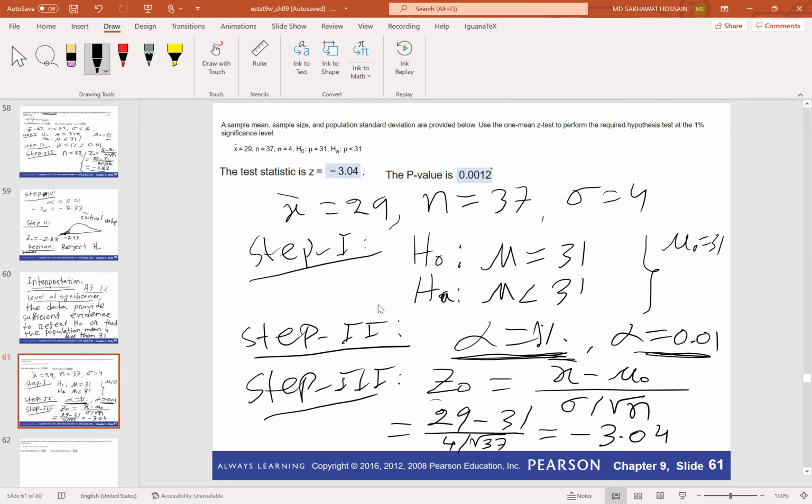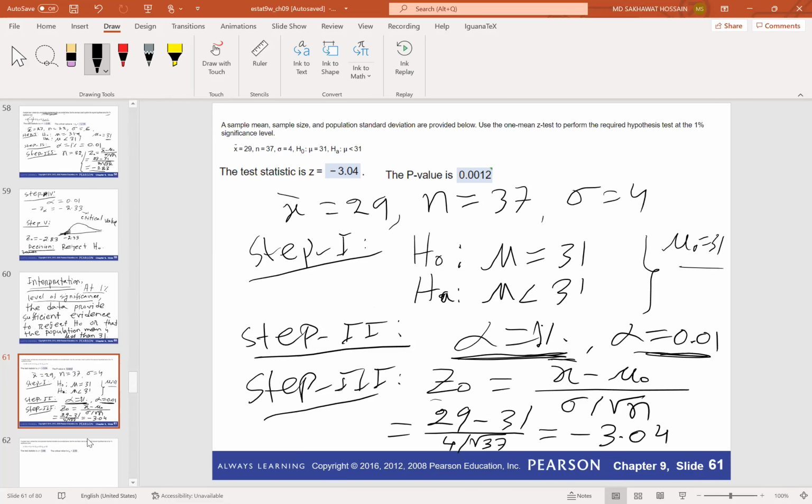We plugged in all the numbers: X bar is 29, mu 0 is 31, sigma is 4, n is 37. So 4 over square root of 37. If you simplify this one, then it will be negative 3.04.